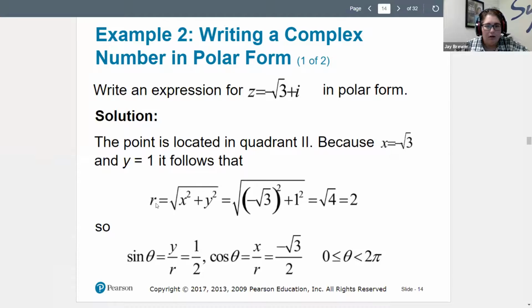So if r is equal to the square root of x squared plus y squared, so you just plug it in. And when you simplify it, you get the square root of 4, which is 2. So then sine theta equals 1/2 and cosine theta equals negative square root of 3 over 2, as long as theta falls within the boundaries.